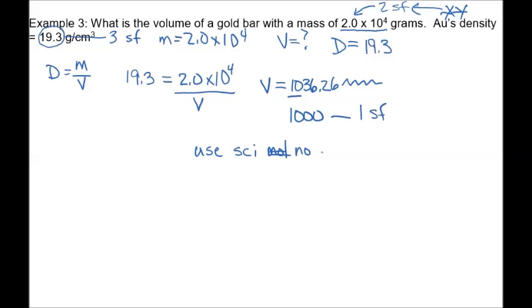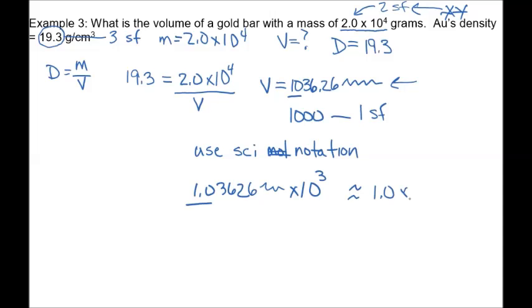So that is exactly what we are going to do. So let's write this value down in scientific notation. We have 1.03626 and so on times 10 to the third. And now we're going to round to the first two positions. This is going to be approximately equal to 1.0 times 10 to the third centimeters cubed.